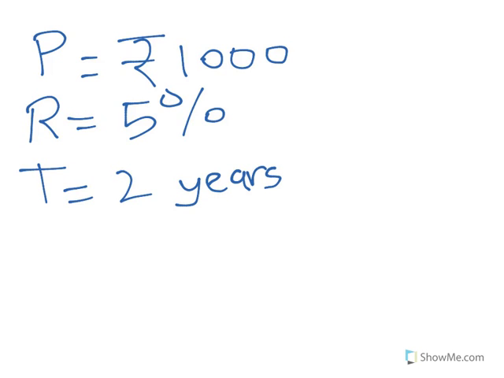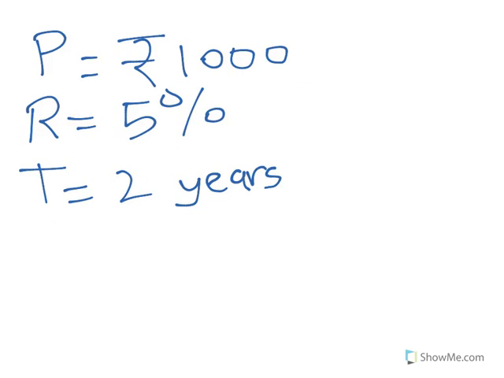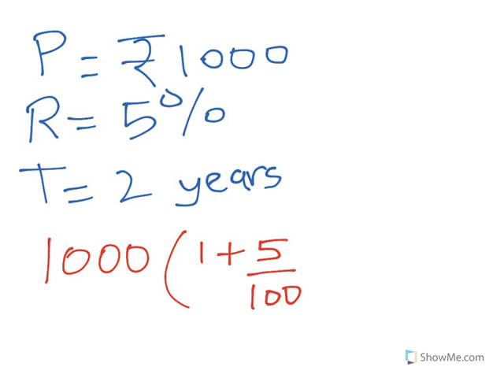So our formula was P(1 + R/100) raised to the power of T. So 1000 times 1 plus 5 by 100 raised to 2.